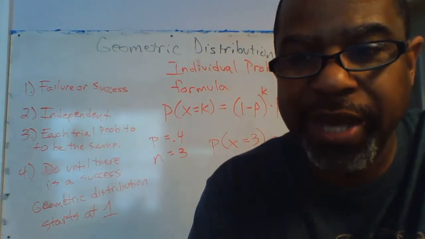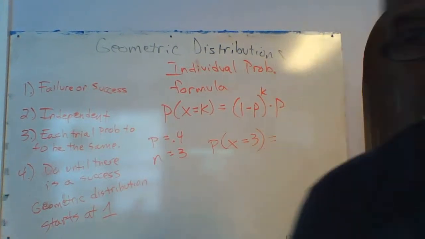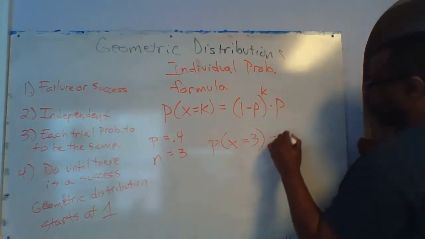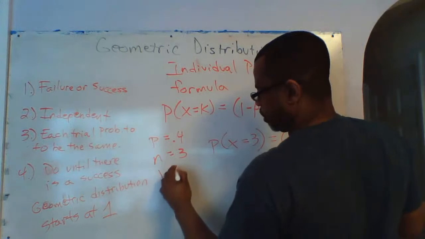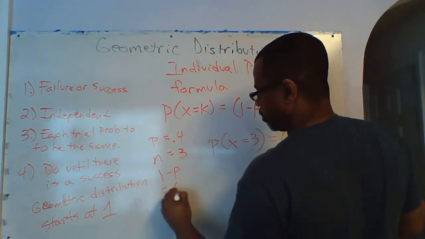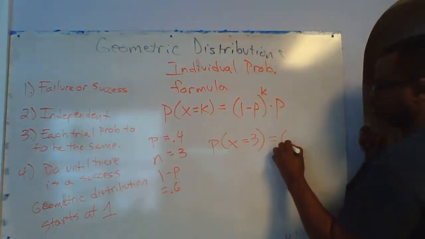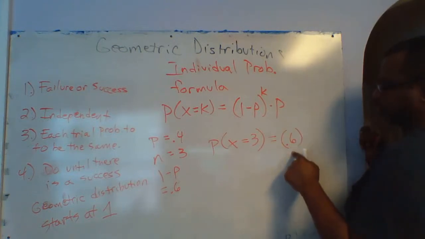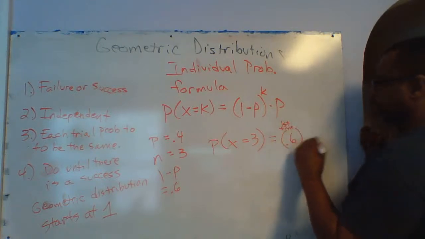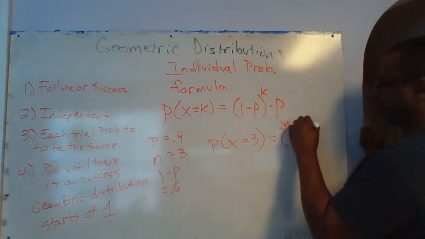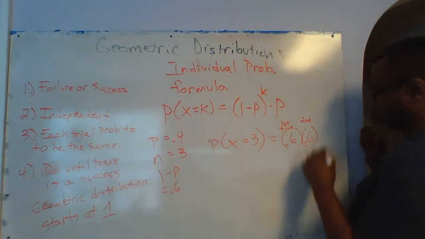If it takes you 3 times for a success, yep. So what you want to do, your first 2 is a failure, right? So 1 minus P is going to equal 0.6. So you have a 60% chance that you're going to fail. That's the first time you try it. Then the second time you try it, you have a failure as well.